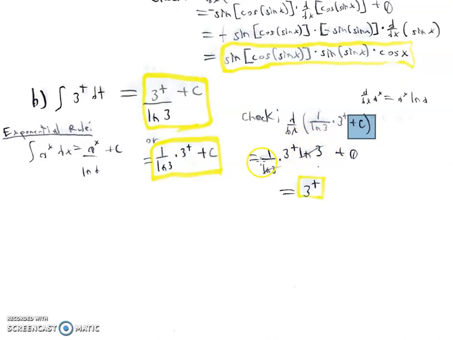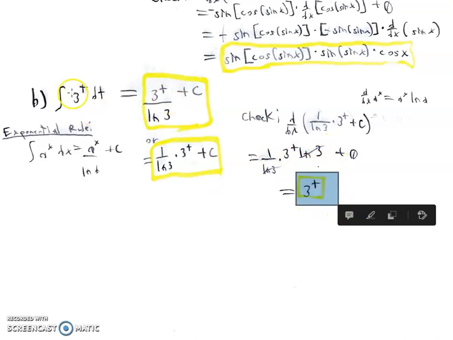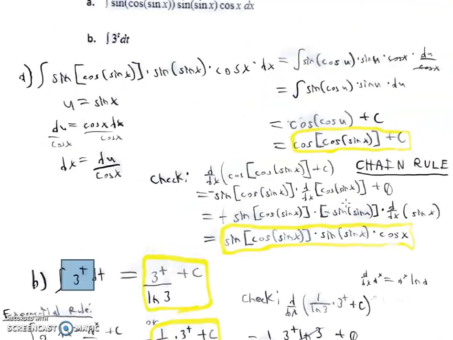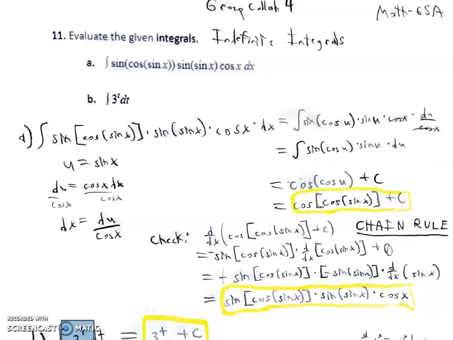Now you have an ln 3 on the bottom and an ln 3 on top, so you can cancel those out, and all you're left with is 3 to the t, which is what you have up here. Those are my processes, and those are my answers, and thank you very much.